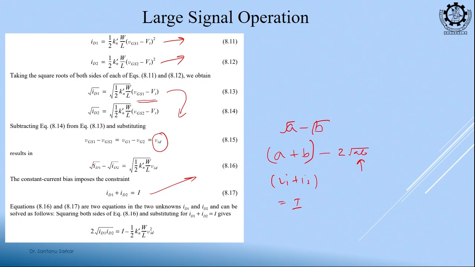So why are we doing this? So that we make a square, then this term we already know, then what is unknown? This unknown we can solve now. Okay. So, this square root of 2I is the square root of ID1 ID2, from this equation. So, we can plot that now.